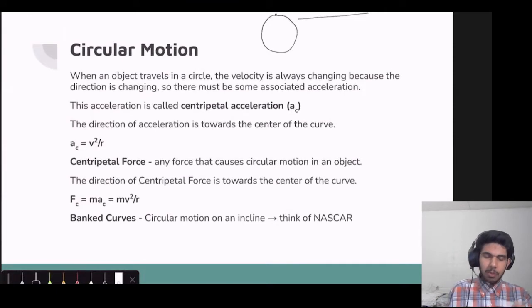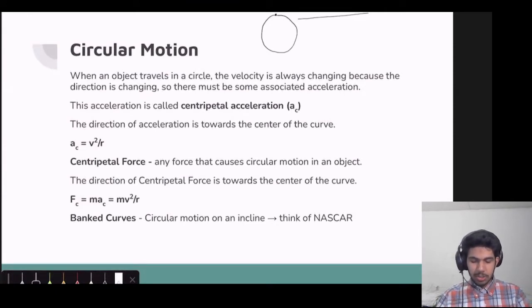Well, when we're looking at velocity of an object, we can say that when an object is traveling in a circle, the velocity is always changing because the direction is changing. So think about how I drew that circle. I can't just keep my pen going in one direction because I'll never create a circle. So the direction is always changing, which means velocity is changing, because velocity is a vector which has both size and direction.